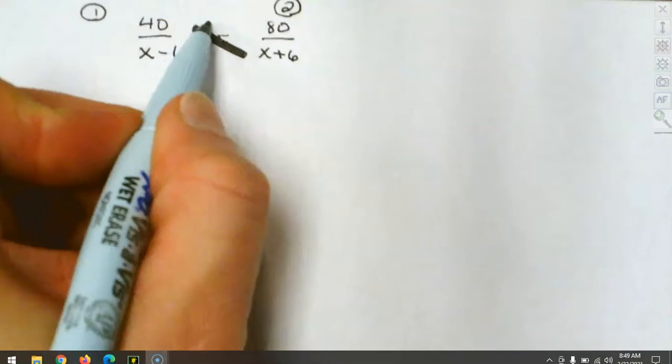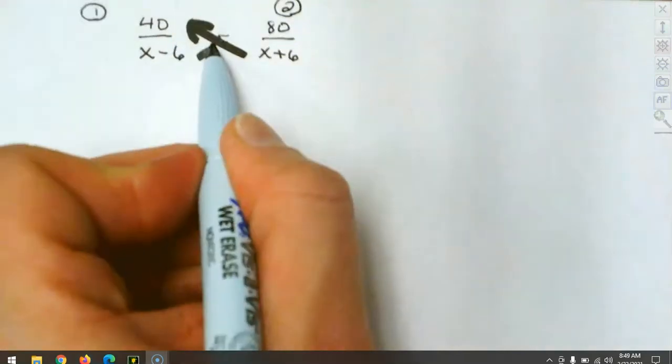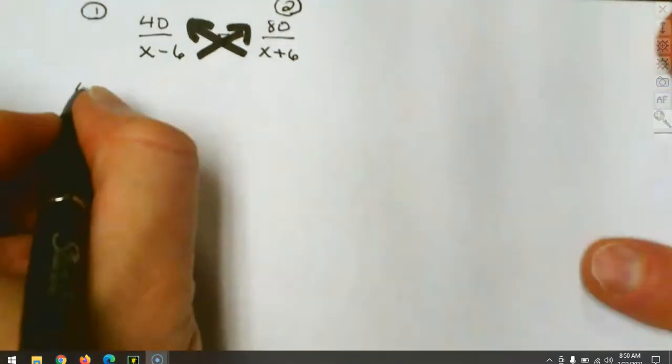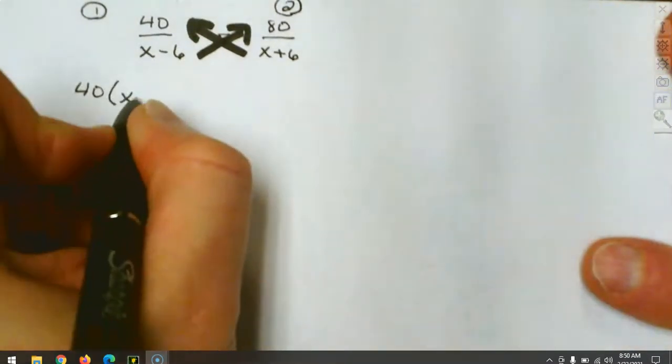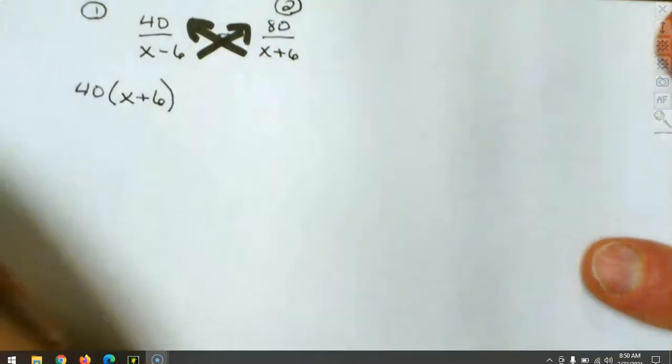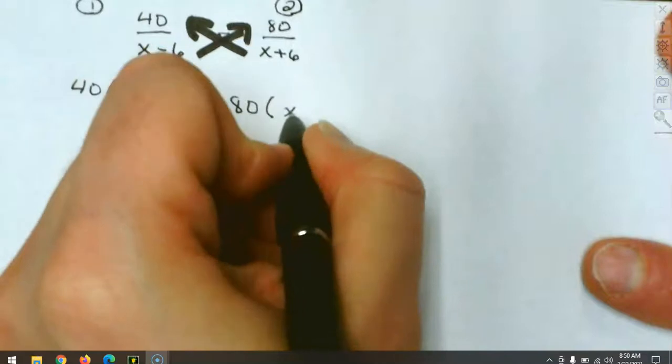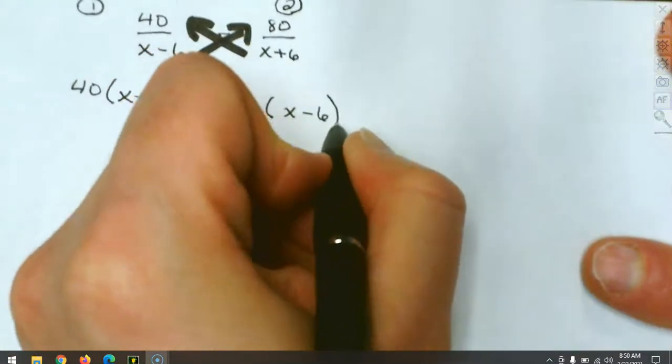We can cross multiply, and that's going to clear out our fractions. So when I cross multiply here, that's going to get rid of these fractions, and that's going to then give us 40 times x plus 6 equals 80 times x minus 6.